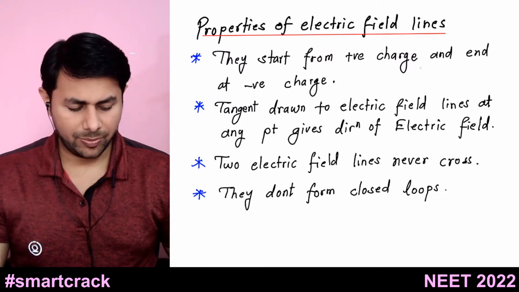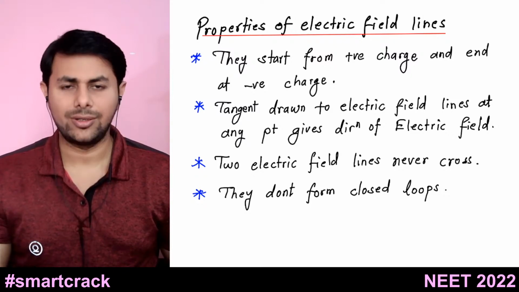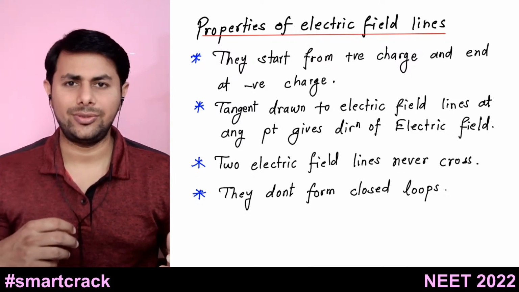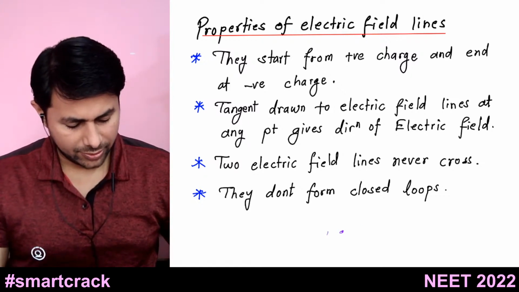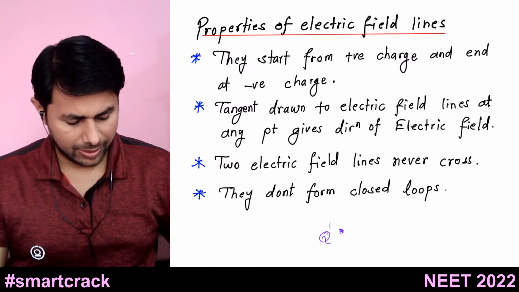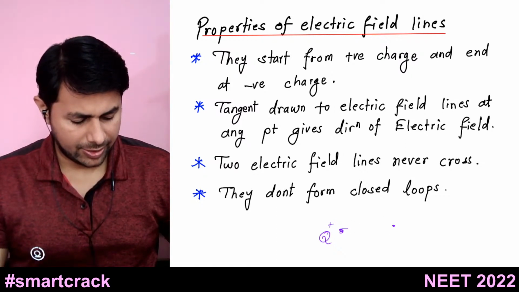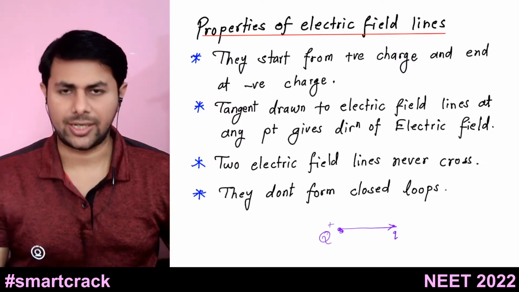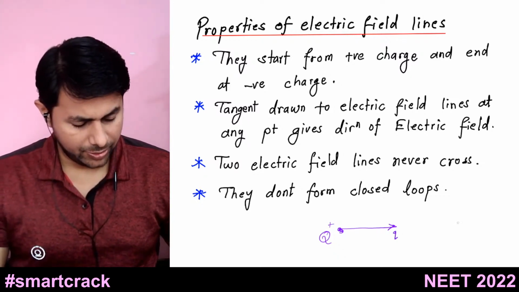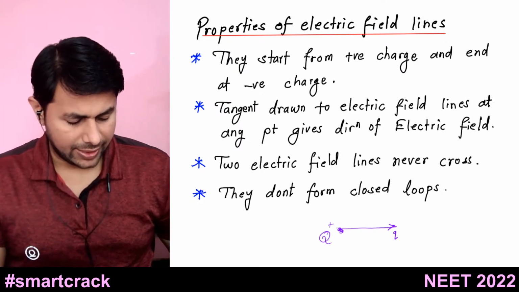They start from positive charge and end at negative charge, because force is from positive to negative. Let's say you take some positive charge over here, plus q, and you take some test charge. Then the electric field will be directed from this q to that test charge, because the force is directed like this.